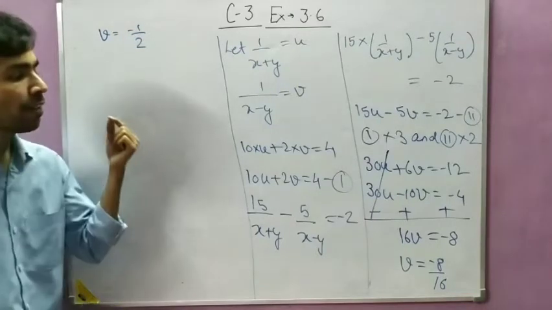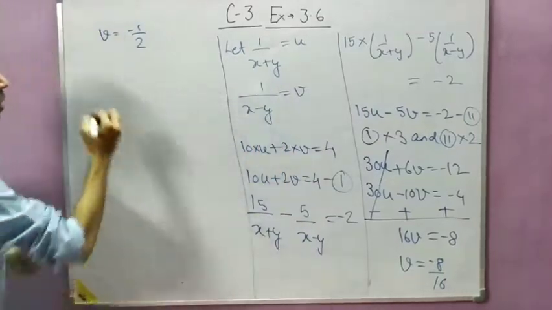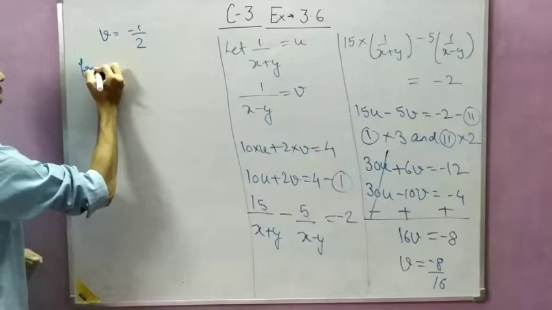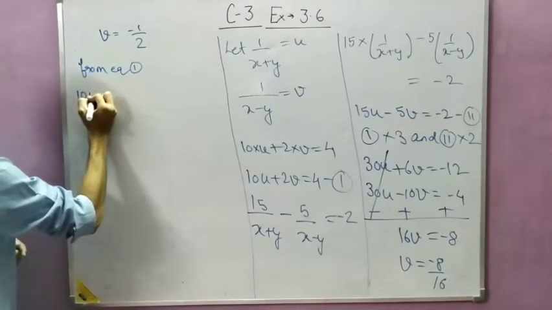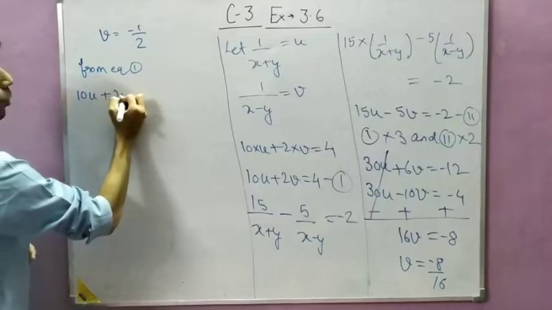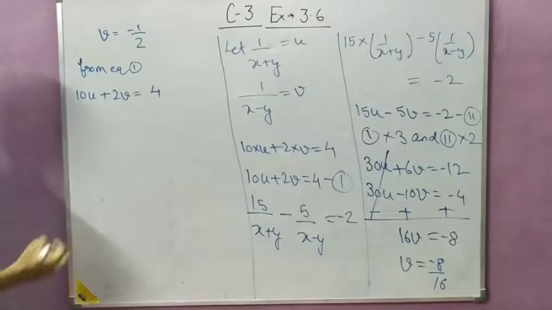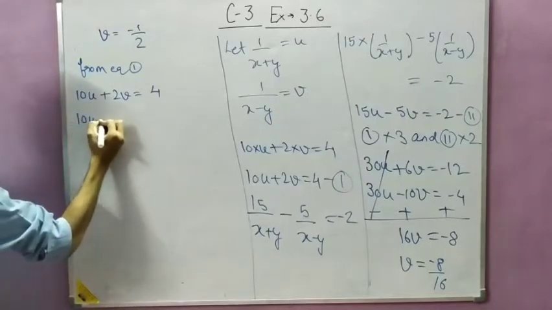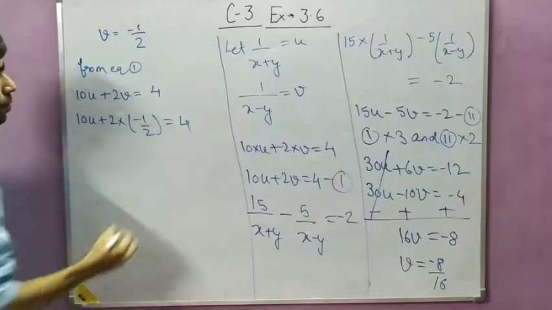Now by putting the value of v in any of the two equations, we can get the value of u. So from equation 1, I can say 10u plus 2v equal to 4. Now put the value of v here. So 10u plus 2 into minus 1 by 2 equal to 4.